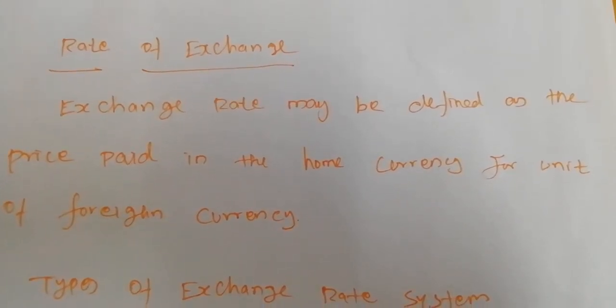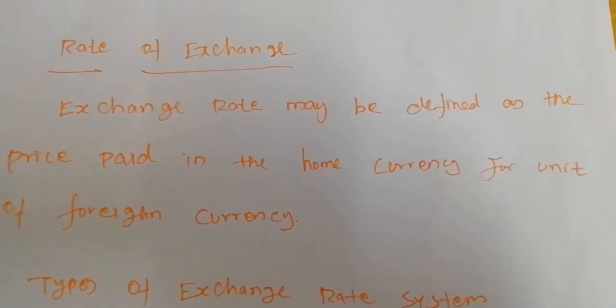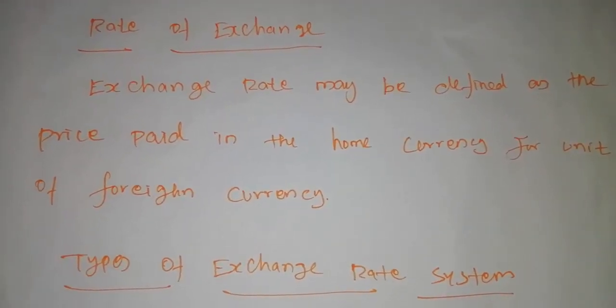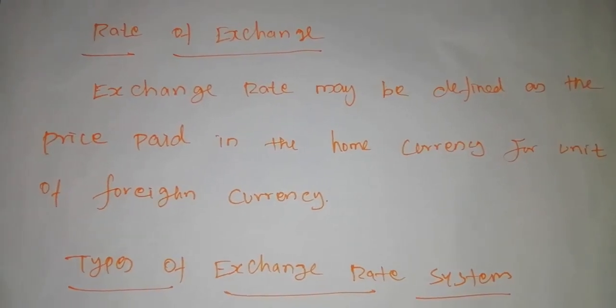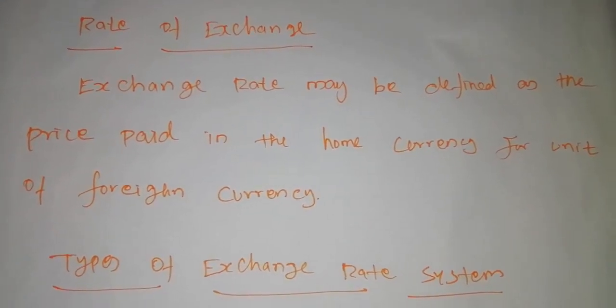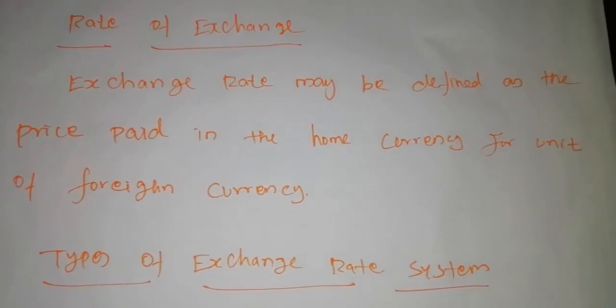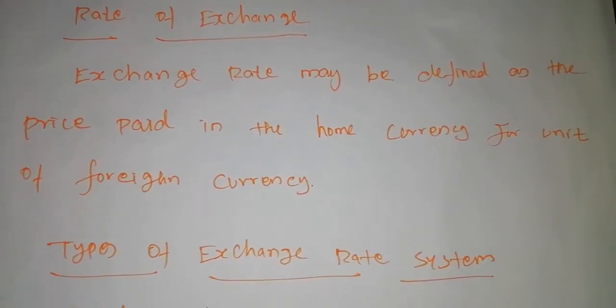For example, if one dollar is equal to 70 rupees, here the value of $1 is equal to 70 rupees, which means the value of the dollar is much higher than the rupee.